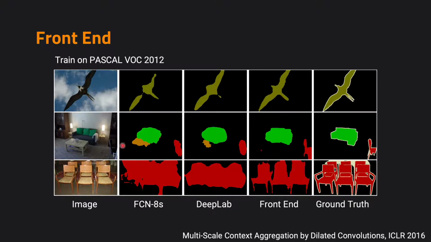From FCN, you can see that we sometimes miss some structure of the targeted objects, and may also miss some areas, and also get very coarse boundaries. But with our front end, or our dilated network, we get much cleaner boundaries of the objects, and also we can recover the same parts or finer structure of the objects in the image.